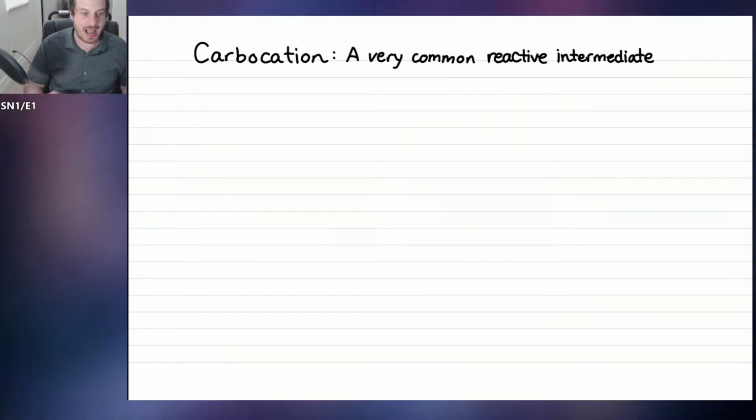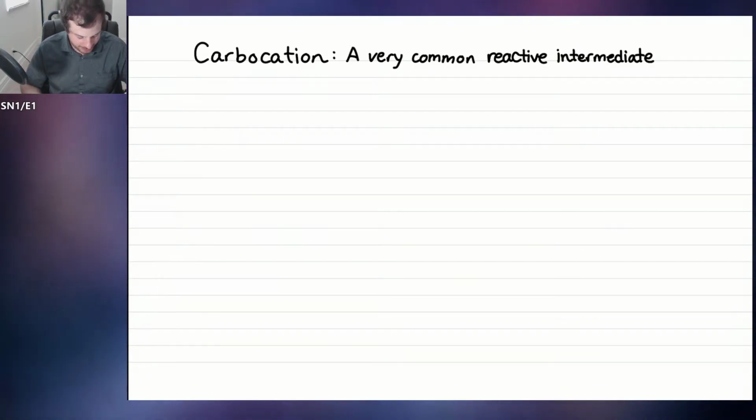A reactive intermediate is an unstable molecule that's present in organic mechanism. It actually doesn't have to be organic. We have reactive intermediates in inorganic chemistry too. But for the purposes of this class, it's an unstable molecule that's involved in a mechanism.